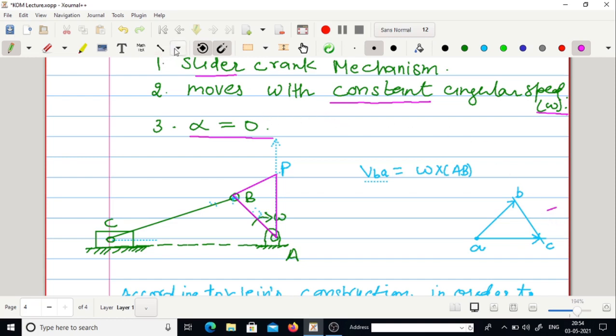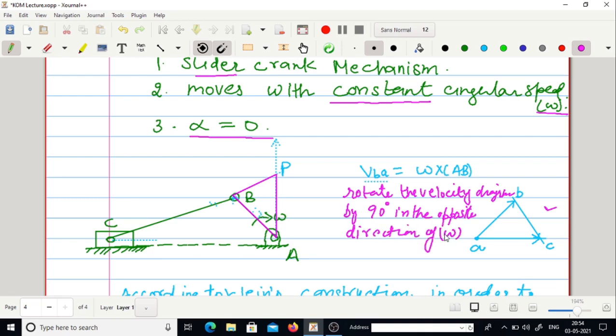But there is a point: this will exactly look like that triangle when, according to Klein's, we rotate the velocity diagram by 90 degrees in the opposite direction of omega.